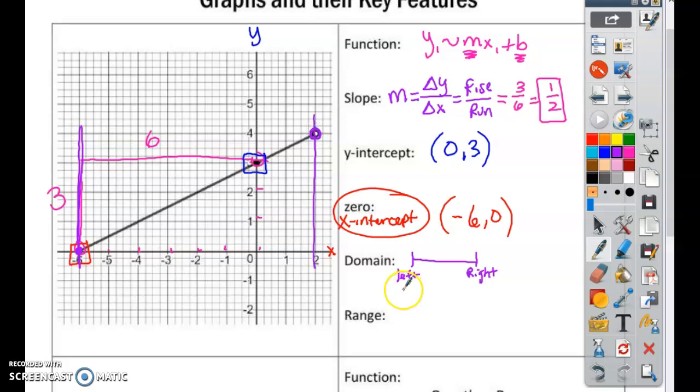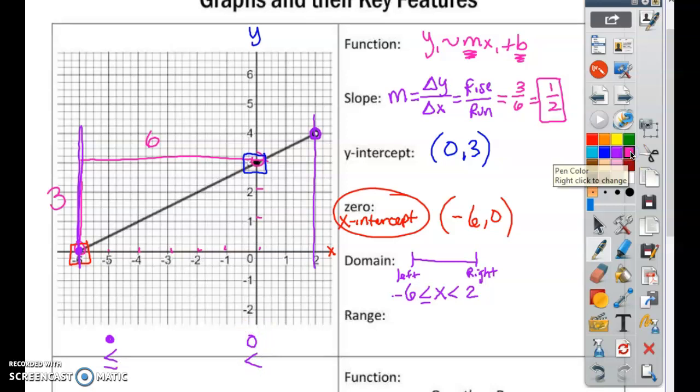So we would write it like this: -6 less than or equal to x less than 2. This has a line underneath because it's a closed circle. This does not have a line underneath because it's an open circle. So if you have a closed circle, it has to have a line underneath. If you have an open circle, it does not have a line underneath because it doesn't equal to it.